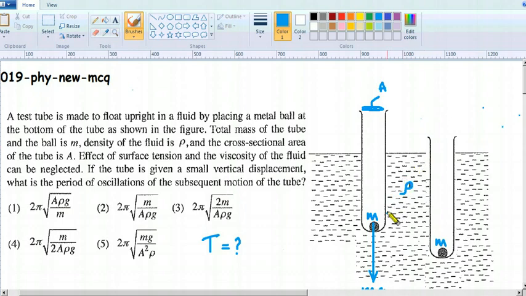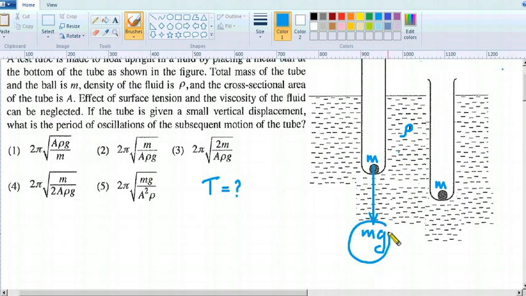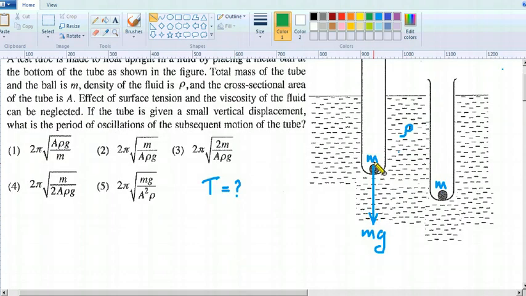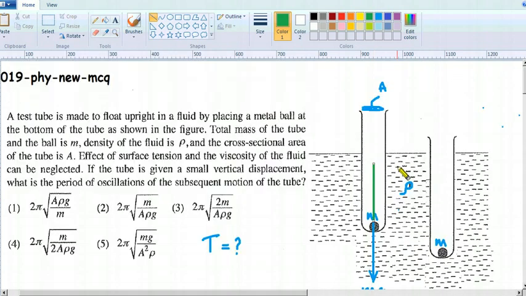So what is the opposite force to this mg? That is the upthrust given by this liquid. We can represent it by an arrow, that is a vector. Since it is equal to mg in magnitude, I take the same length.